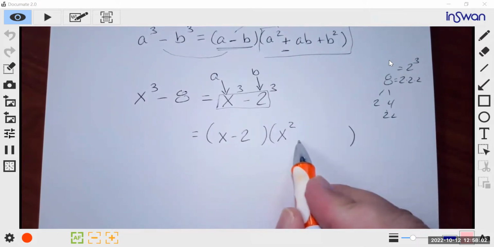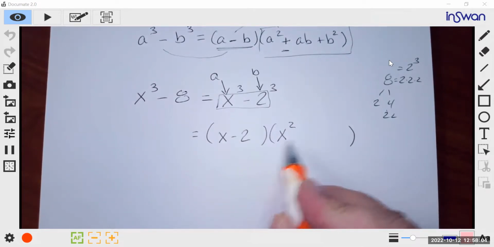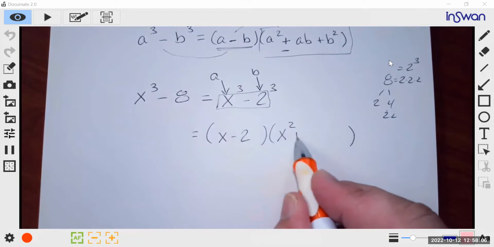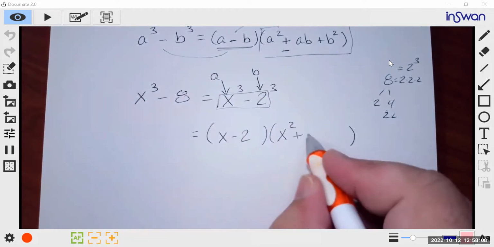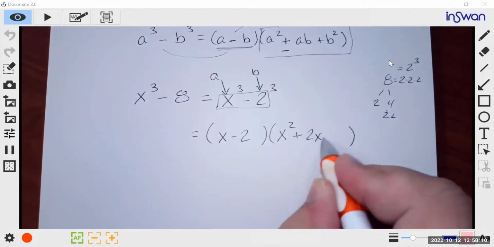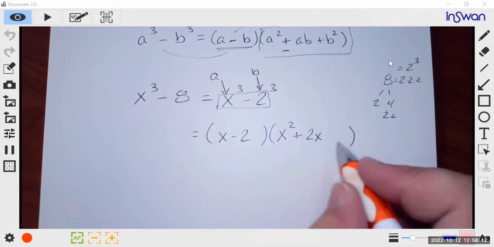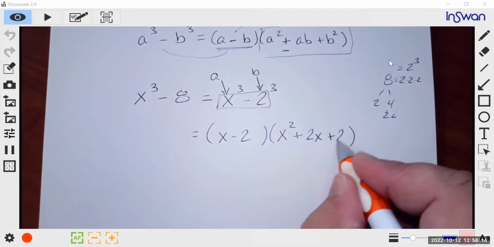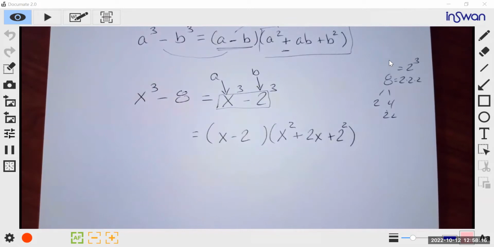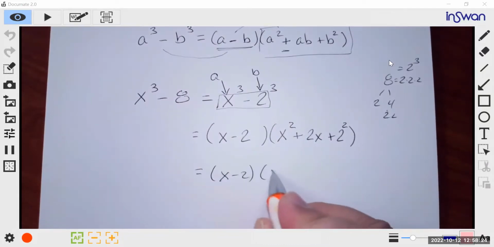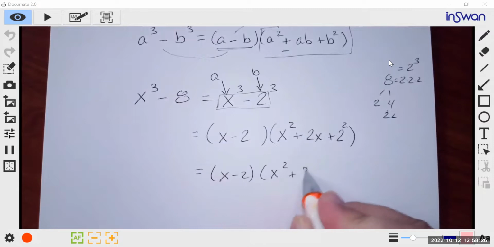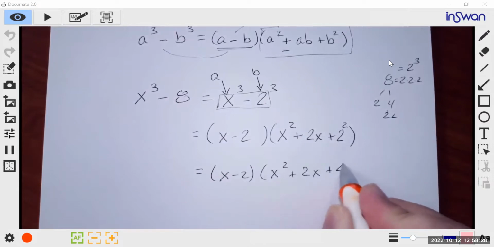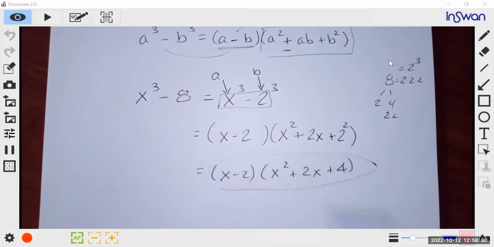What sign? It's the opposite of this one, so positive. 2x, because it's A and B, plus 2 squared. x squared plus 2x plus 4. And there's your factored form.